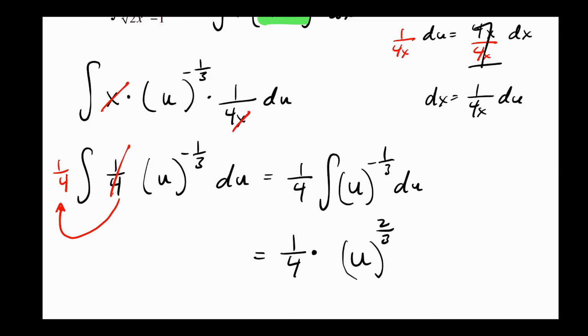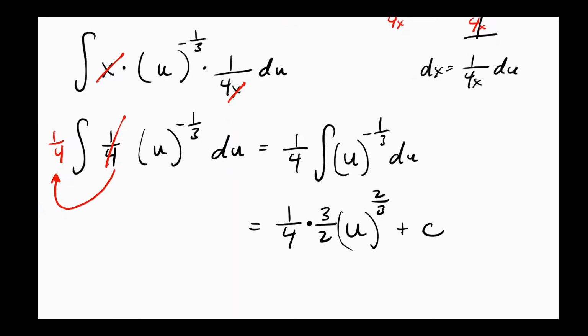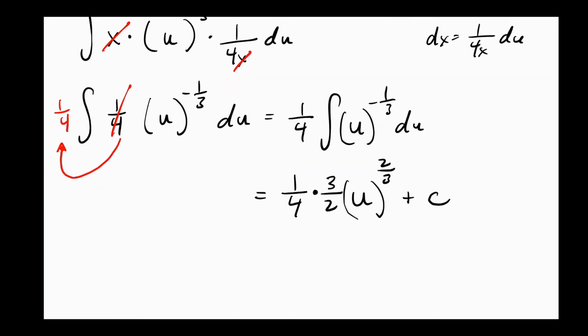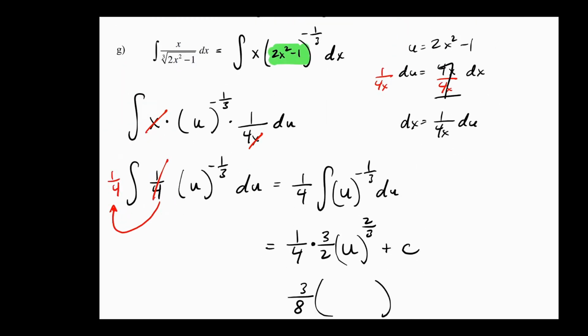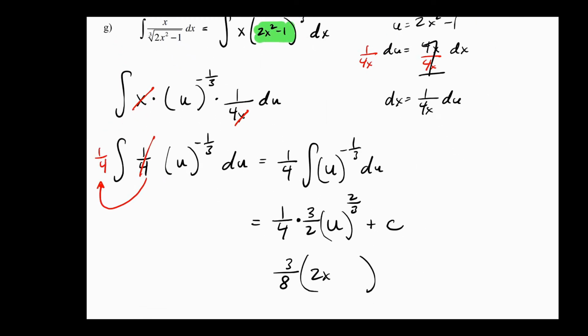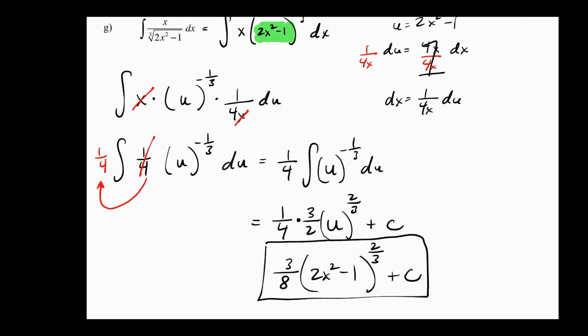But instead of dividing, I'm going to multiply by the reciprocal, plus c. Okay. Multiply the coefficients, we get 3/8. Move u back in. 2x squared minus 1 to the 2/3 power, plus c. We're done.